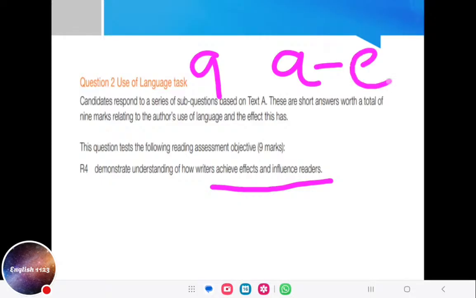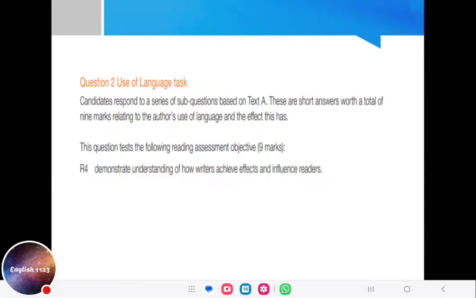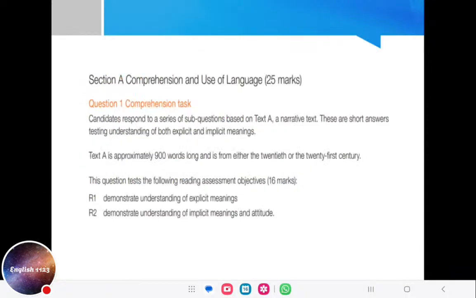So here we now know that question number 2 is 9 marks. Use of language task has 5 short questions, and that makes it 9 marks. Now let's get back. Here we have questions A to H. They are 8 questions, I guess, and I think part G has 2 questions.